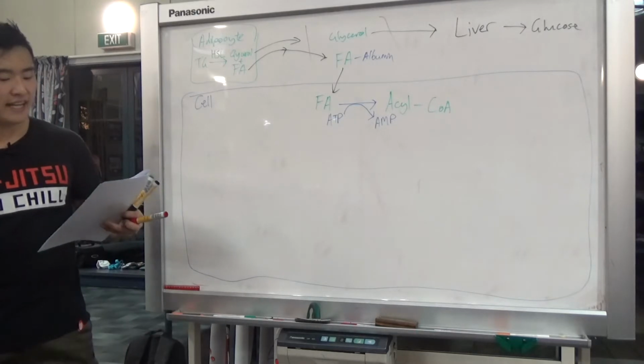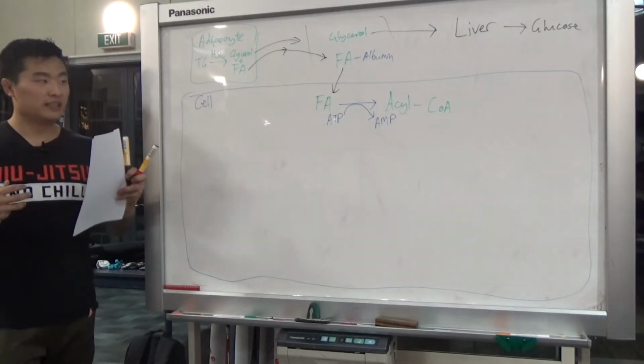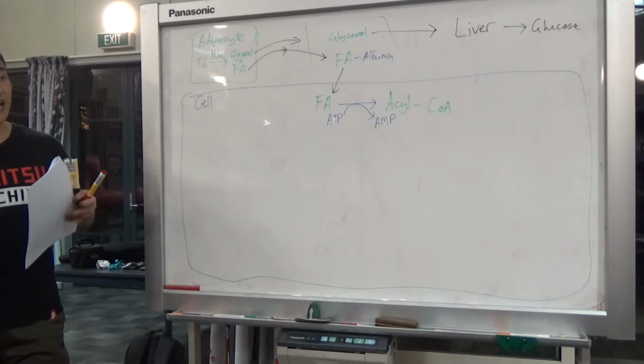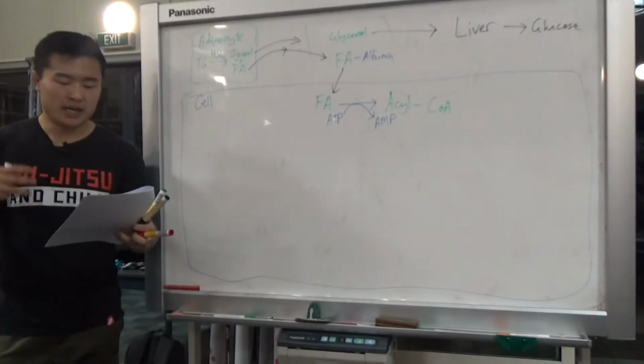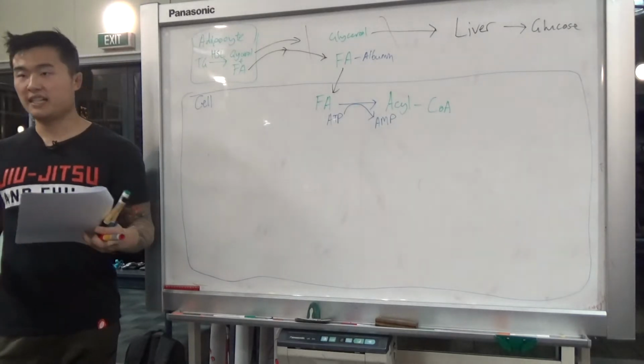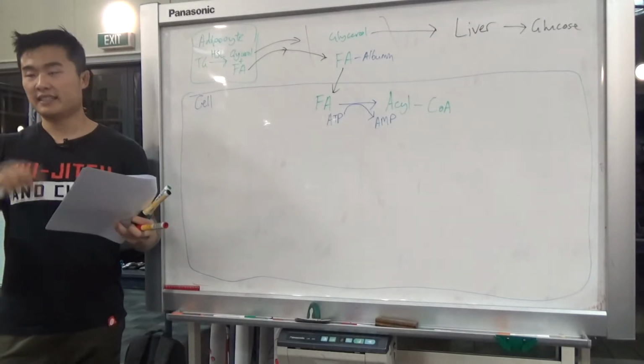So we've got our acyl-CoA, but then there's this really complicated step afterwards where we have a problem: the mitochondria has 2 membranes, right? So there's an outer membrane and an inner membrane.